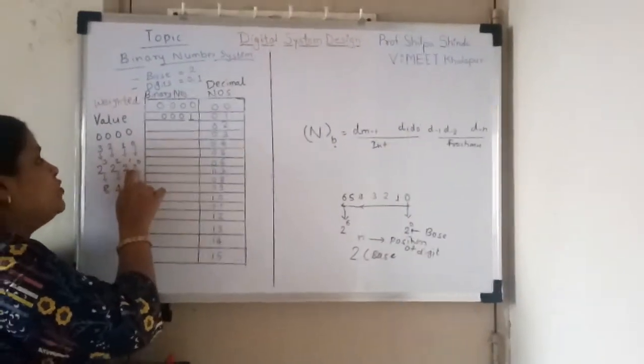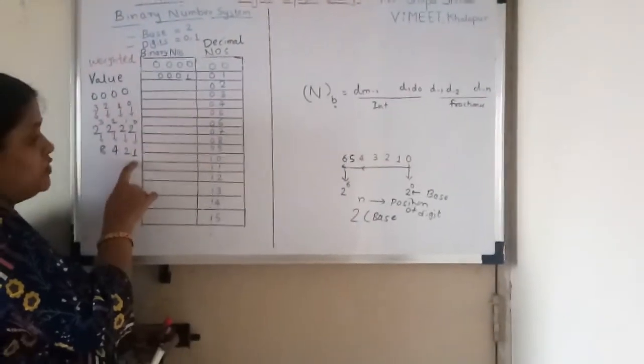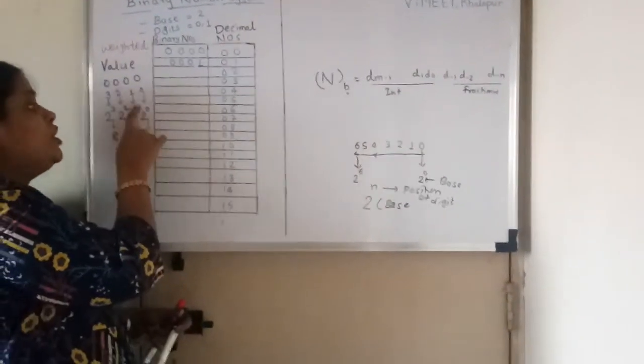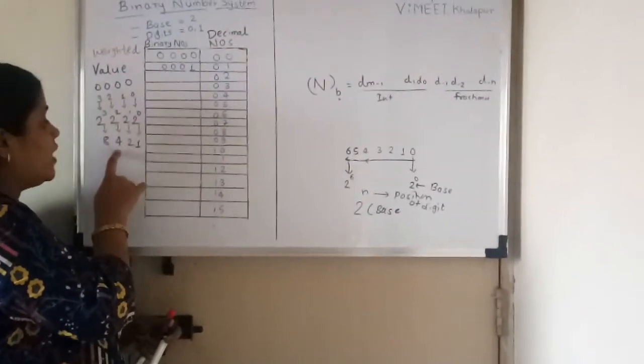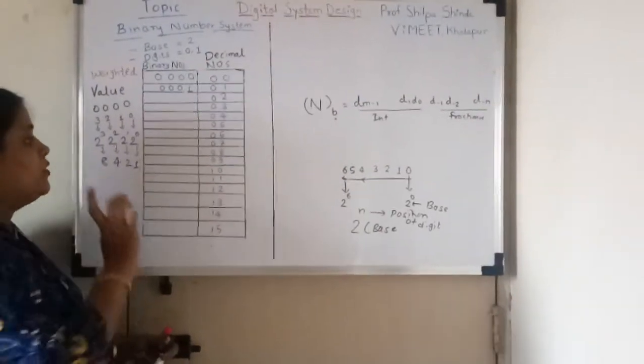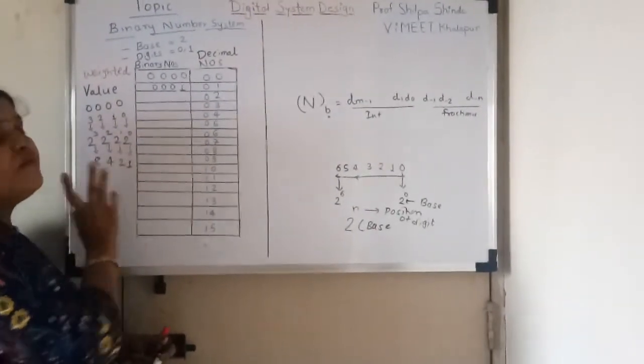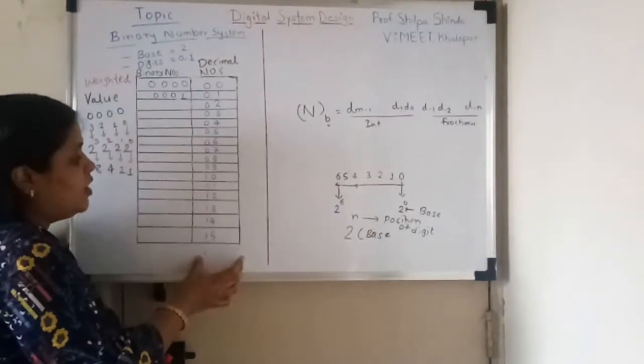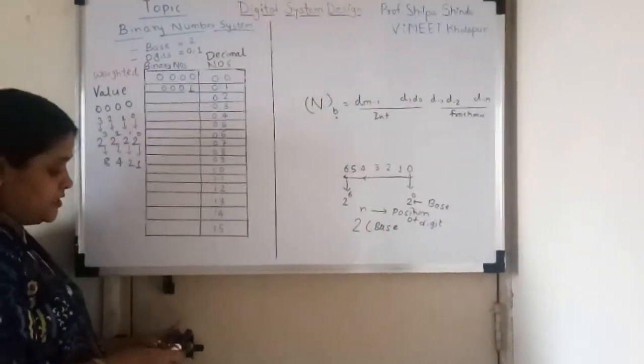The value of 2 raised to 0 is equal to 1, 2 raised to 1 is equal to 2, this value is 4, and this value is 8.